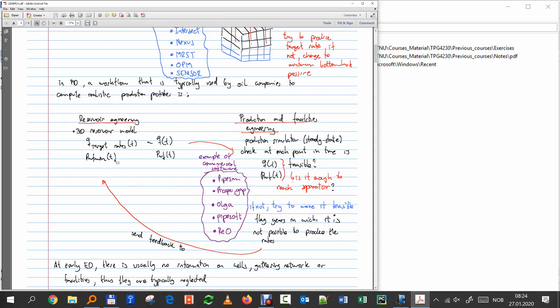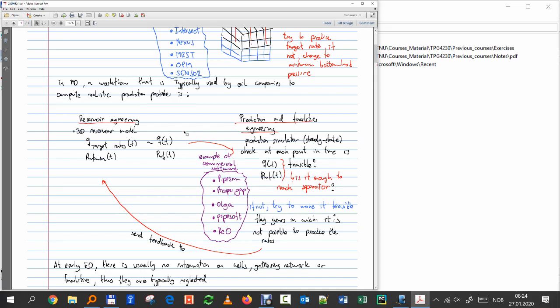For some cases, some wells can be operated actually at a minimum bottom hole pressure. For example, when you have an electric submersible pump located at the bottom of the well, then you're able to ensure that you are operating always at a relatively constant bottom hole pressure. However, it's not the most general case, so that's why typically they send the profiles and they send the rates, all three phases.